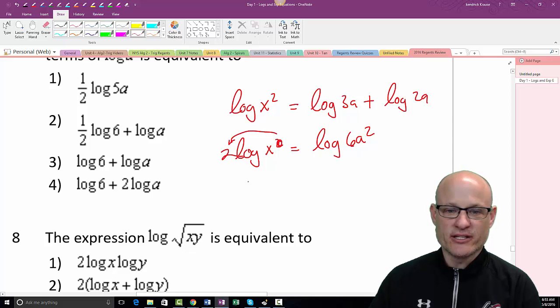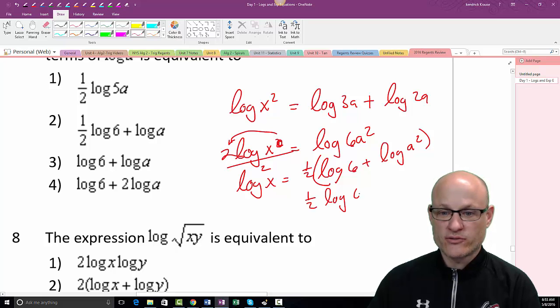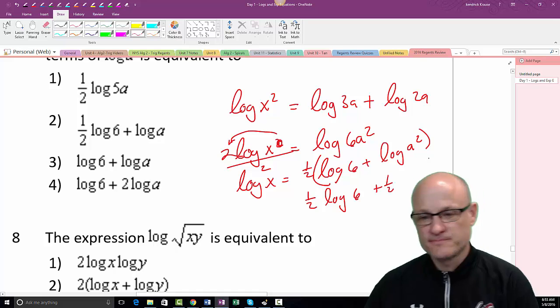So what I have here is log of x is equal to log of, let's put a 1/2 out front, because I'm dividing by 2. Log of 6 plus the log of a squared. This is 1/2 log of 6 plus 1/2.